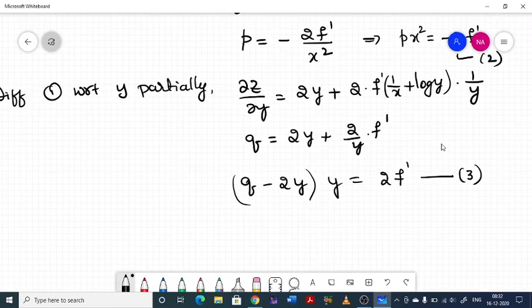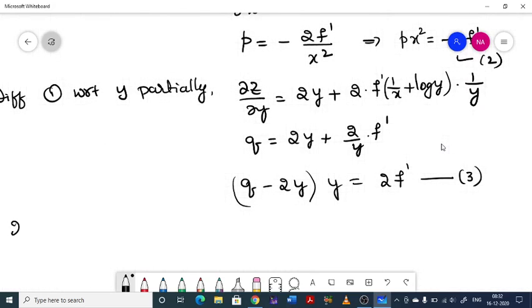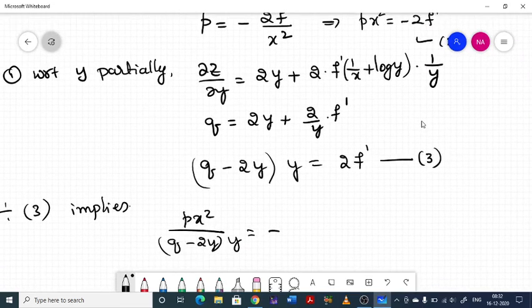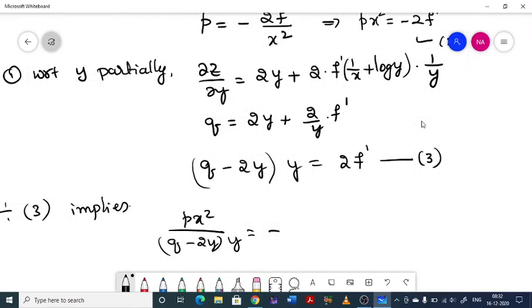Now equation 2 divided by 3. What it implies, let's see. Left hand side px square divided by q minus 2y into y equal to minus 2f dash divided by 2f dash.